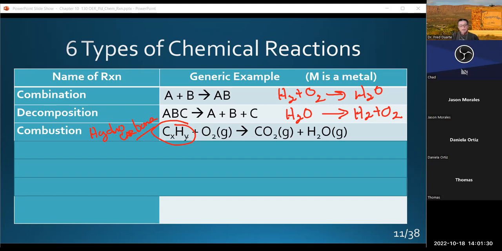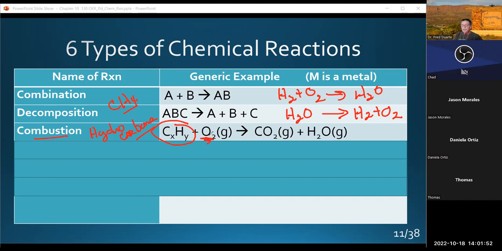X and Y can vary, but the simplest hydrocarbon out there is 1 carbon and 4 hydrogens, which is methane gas.